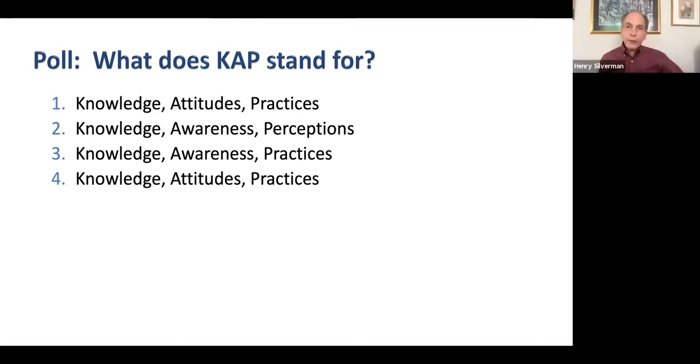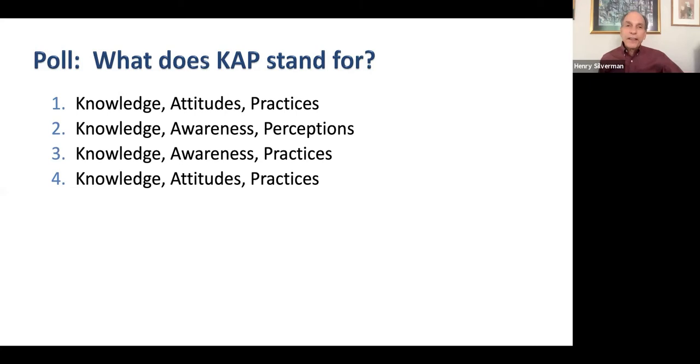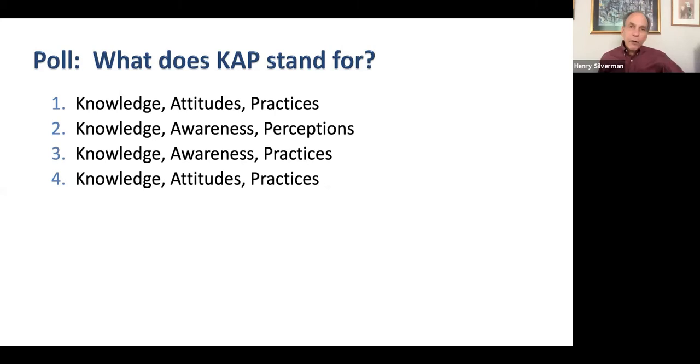My apologies for that. Well, it could be 1 or 4. Is it always plural for attitudes and practices, or is it knowledge, attitudes, and practice? The short answer, it could be any one of these.